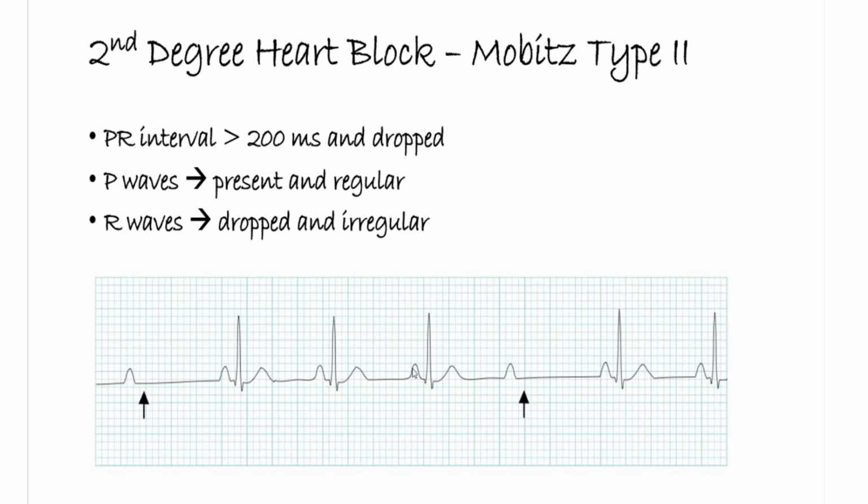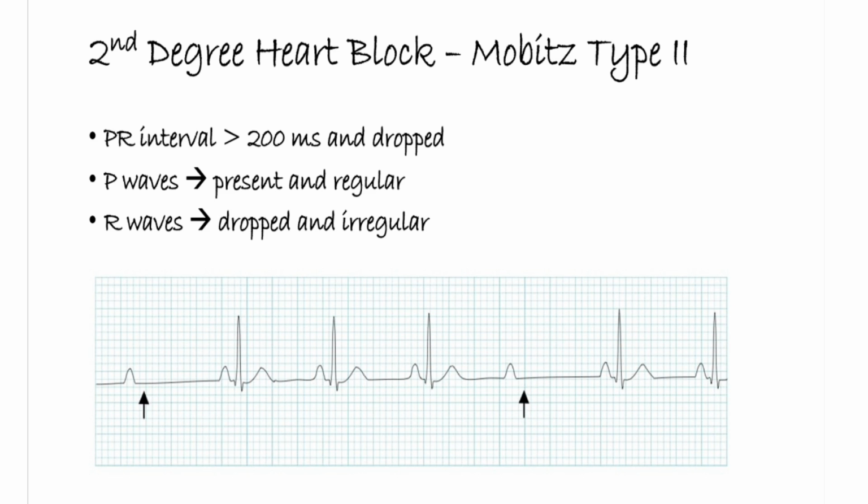So what we have is, number one, the PR interval here, the PR interval here, the PR interval here, they are not lengthening. In the case of the wonky back one, Mobitz type 1, the PR intervals were lengthening in successive cardiac cycles, and then we had an R wave drop.